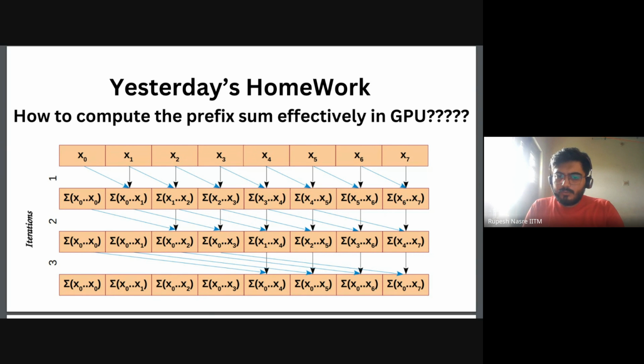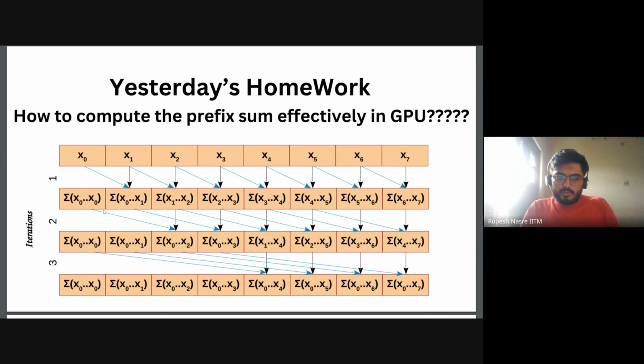But now there is one small thing that you should notice here. This is the first iteration, right? In this first iteration, we are considering all the elements greater than 1, right? So we are only summing all the elements greater than 1.